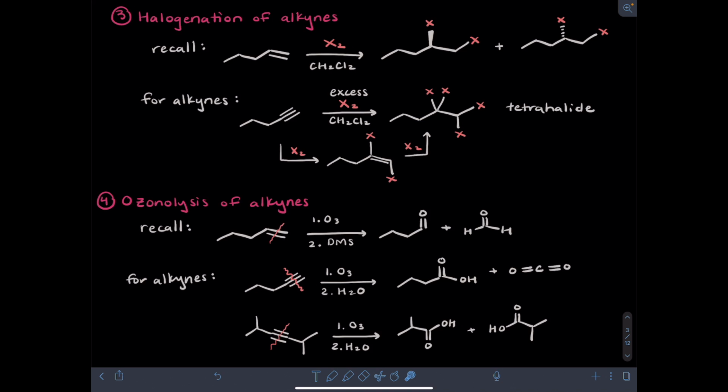In the case of internal alkynes, ozonolysis leads to complete cleavage of the carbon-carbon triple bond again, but for internal alkynes, each carbon of the alkyne gets turned into a different carboxylic acid. So the formation of CO2 as one of the products is specific to terminal alkynes.